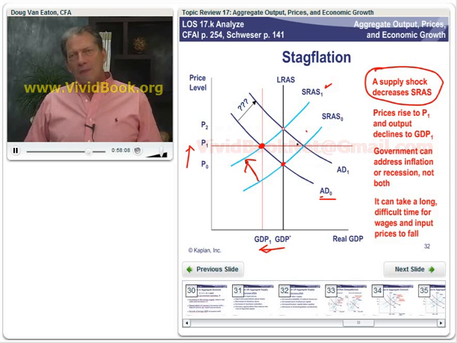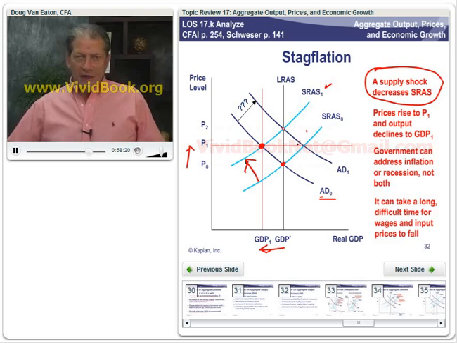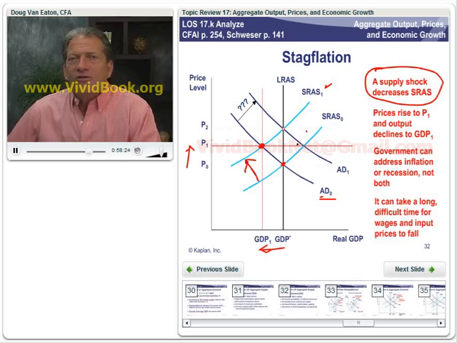Well, if the government steps in, and the monetary authorities or the government say, you know what, we've got to increase aggregate demand. We've got to get back to long-run aggregate supply, like, say, before the election. And if they attempt to move aggregate demand up like this, what's the effect?